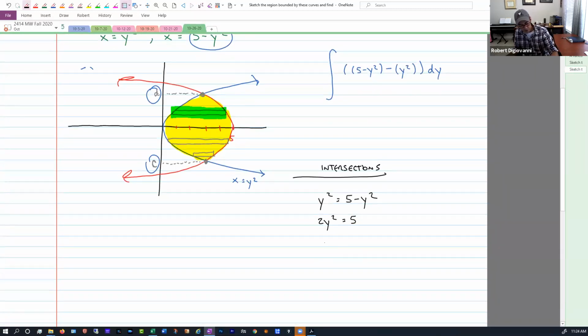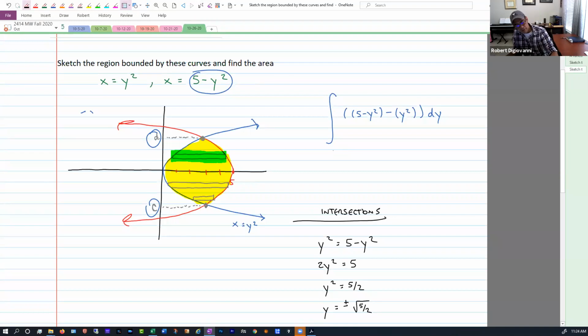Just moving the y's to one side, divide by 2, and you'll get plus or minus the square root of 5/2. Whatever that is, we could have it as a decimal or just leave it like that. But those would be our two limits of integration: negative root 5/2, and positive root 5/2.